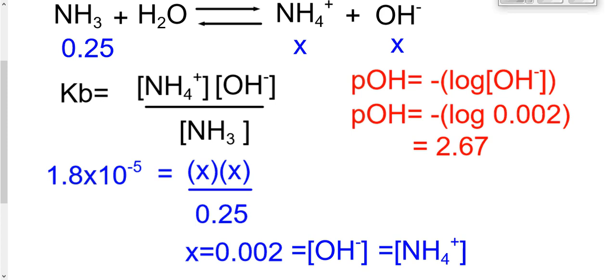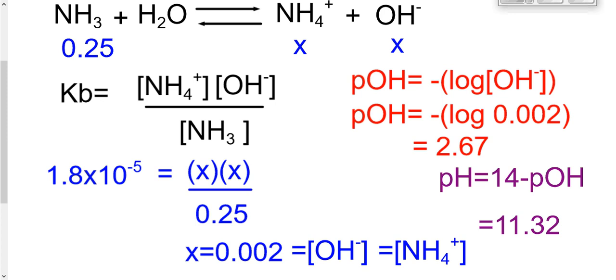In this case, it will be the negative of the log of 0.002. That works out to a value of 2.67. Now, pH is equal to 14 minus the pOH. 14 minus 2.67 is 11.32. As expected, we got a value that was greater than 7.